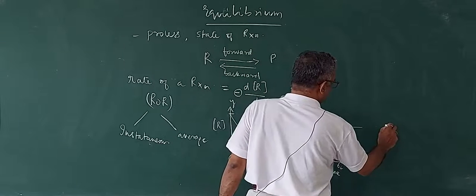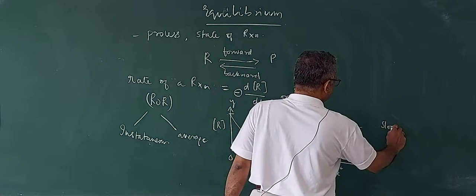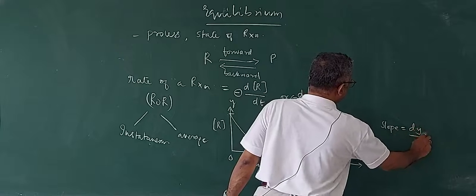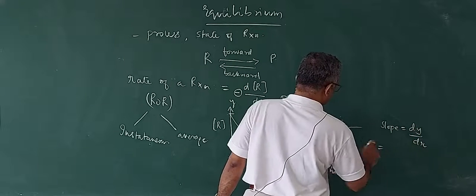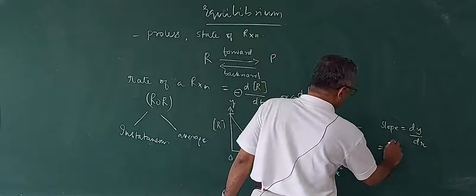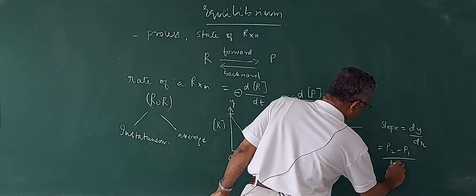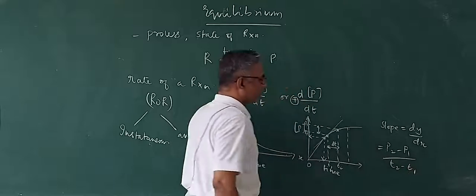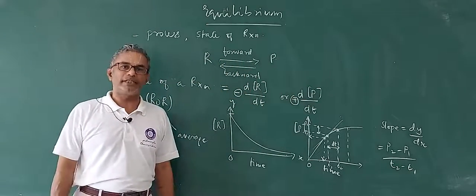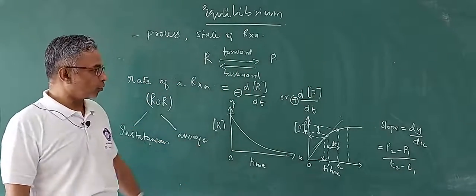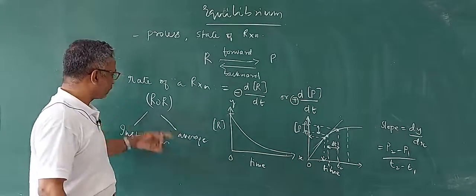So, here the slope will be given by dy by dx, which is equal to dy, P2 minus P1, by dx, which is T2 minus T1. This we call the average rate of a reaction during the course of a reaction. So, these are the two types of rate.